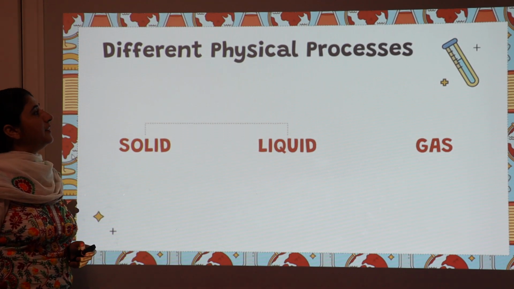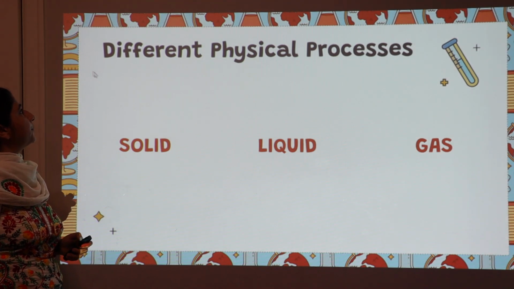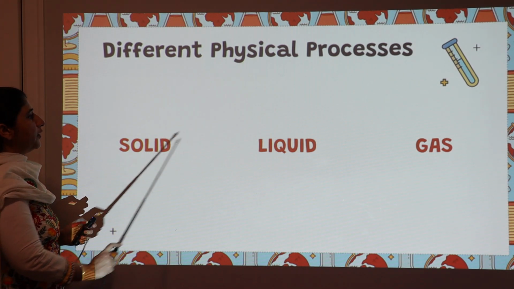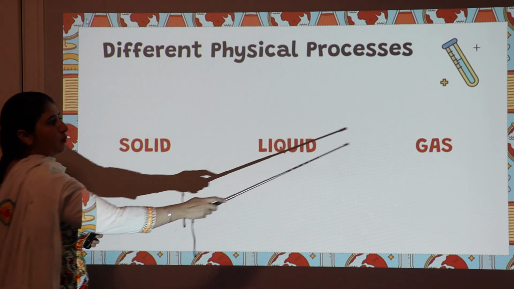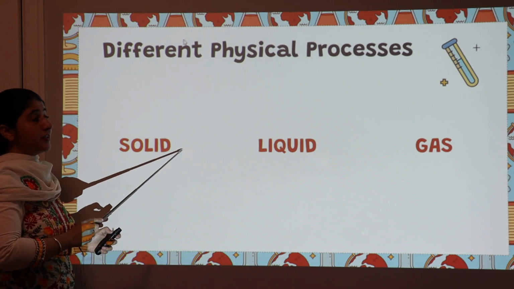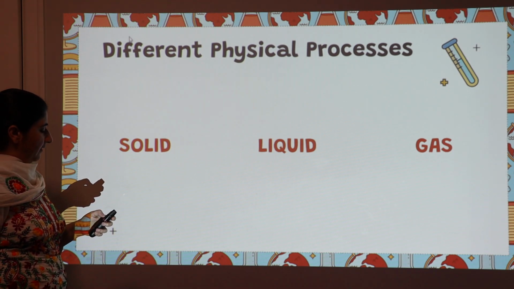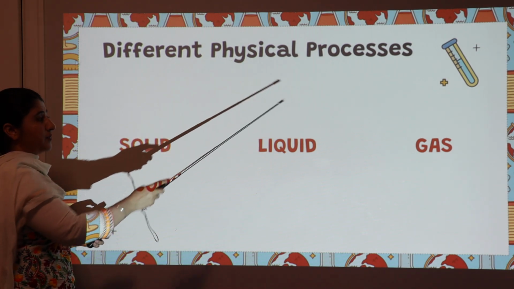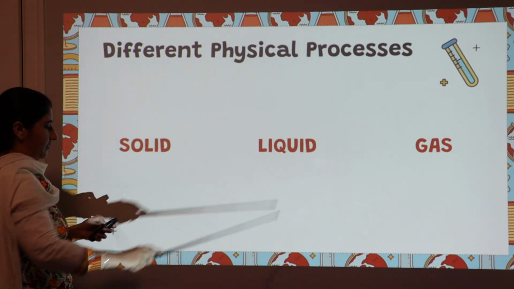So next we have different physical processes. Basically during the physical change, solid is converted into liquid and liquid is converted to gas. The reverse may also take place. So we have basically 4 different physical processes during this conversion.